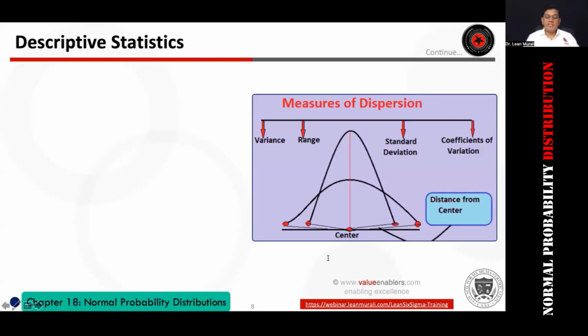The point I want to communicate here is that every marble will have some distance from the average. On average, the marble may be towards the center or slightly away from the center, but every point is dispersed from the center.